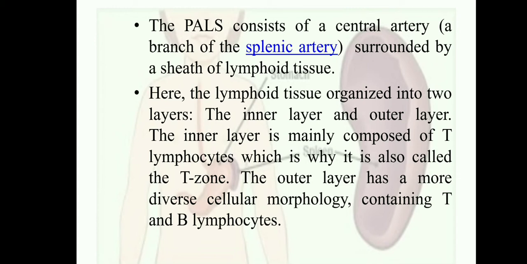Here the lymphoid tissue is organized into two layers, the inner layer and the outer layer. The inner layer is mainly composed of T lymphocytes, due to that it is called the T zone. And the outer layer has more diverse cellular morphology containing both B and T lymphocytic cells.